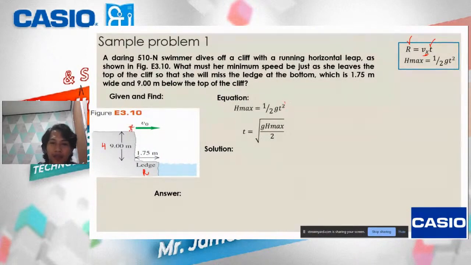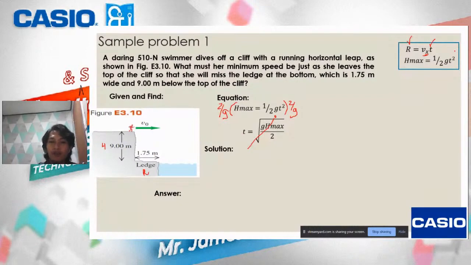Kasi, ang gagawin natin, we multiply both sides by 2 over G. So, ang mangyayari ay, nasa taas yung 2, nasa baba naman yung G. So, mali ito. Okay. So, again, pwede natin gawin to, yung intended na mali to check the students' critical thinking, no?